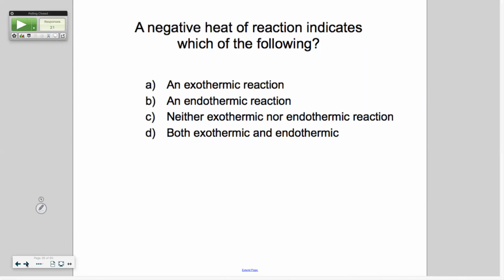Okay, a negative heat of reaction indicates which of the following, do you remember?